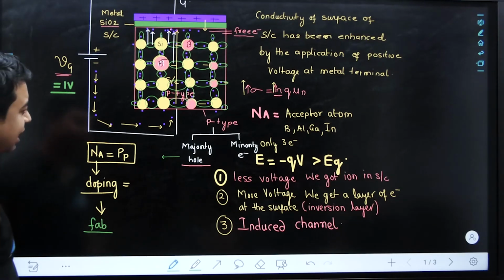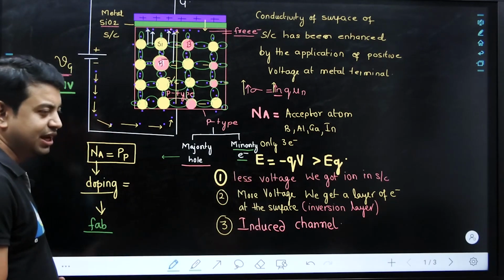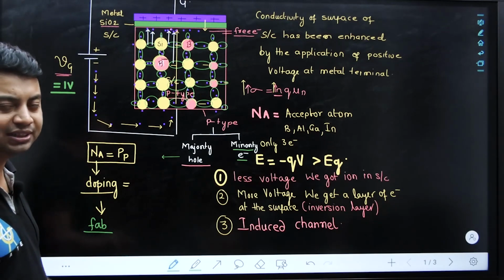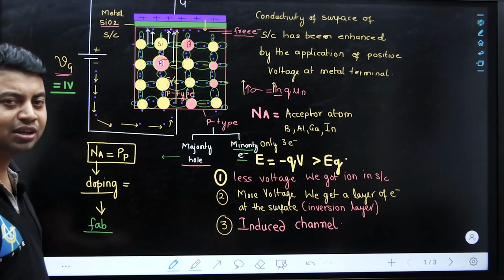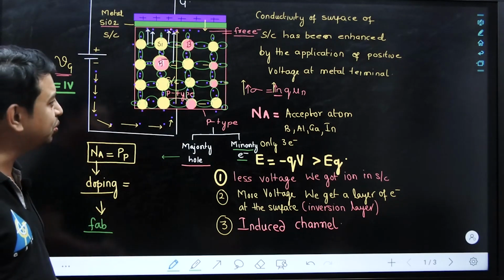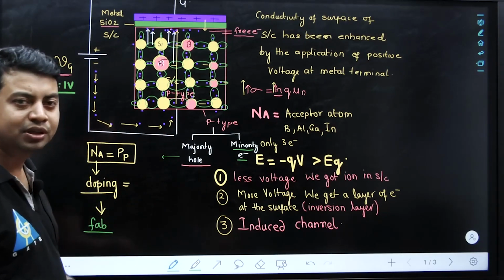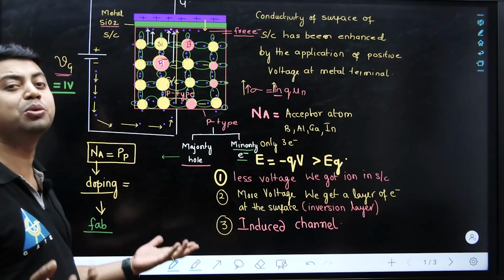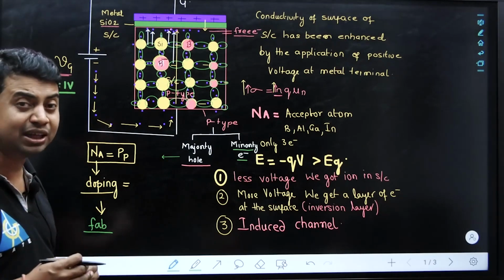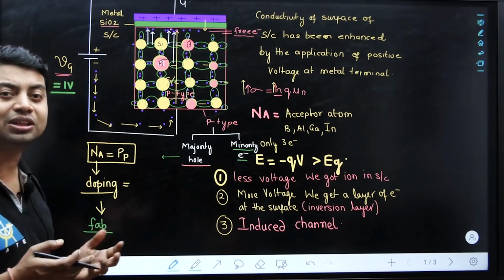But the minority charge carriers can be increased by increasing the temperature. And another way by which we can increase the minority charge carriers is to use the voltage to make the electrons escape from the covalent bond. So minority charge carriers also can be increased by applying a sufficient amount of voltage, and that voltage is the breakdown voltage.